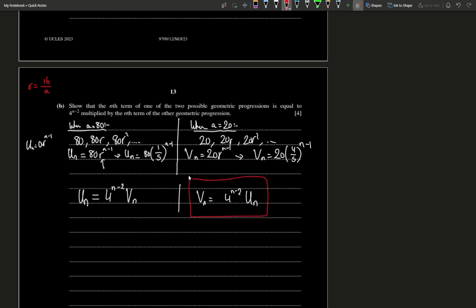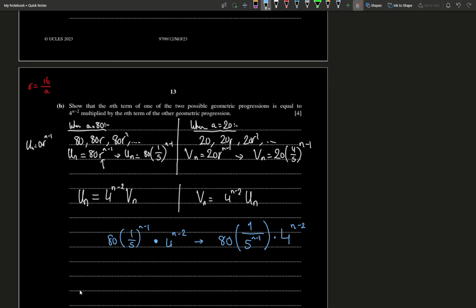So vn. Let's look at the right hand side: we have 4 raised to the power of n minus 2 times un, which is 80 times 1 over 5 raised to the power of n minus 1, multiplied by 4 raised to the power of n minus 2. Let's distribute the power into the numerator and denominator, so we get 80 multiplied by 1, since 1 raised to any power is 1, divided by 5 raised to the power of n minus 1, multiplied by 4 raised to the power of n minus 2.